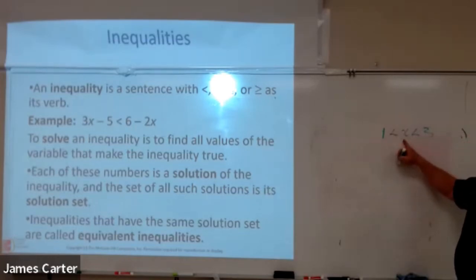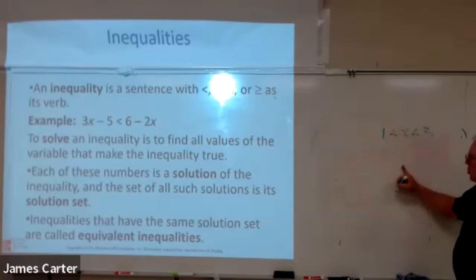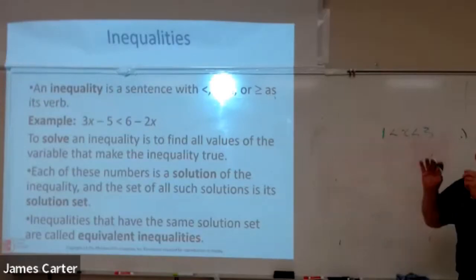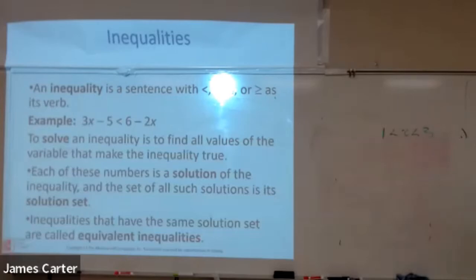What number is missing? 2. Okay? 2 does not exist that you can touch, that you can graph. You can graph 1. You can graph 1.999. You can graph 3. You can graph 2.000001, but you can't graph 2.